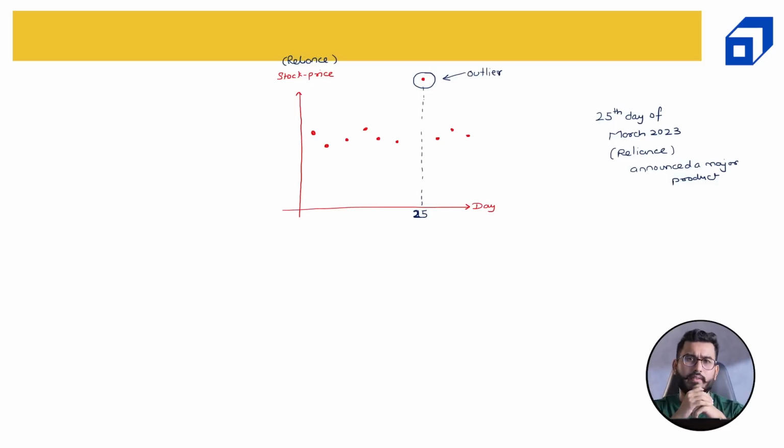They conducted a meetup in which they announced a major change in their policy or major change in their product, due to which the stock price suddenly rose to this particular point. Now this is not an outlier, this is the leverage data point, because it has been leveraged due to this event. So I cannot say this is an outlier, this is a leverage data point.